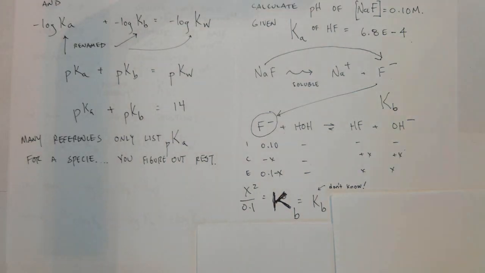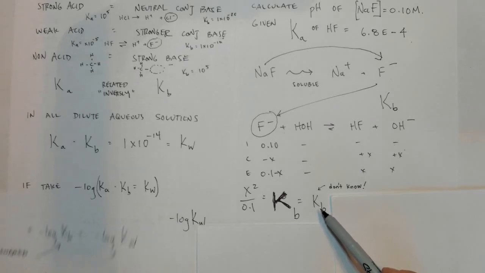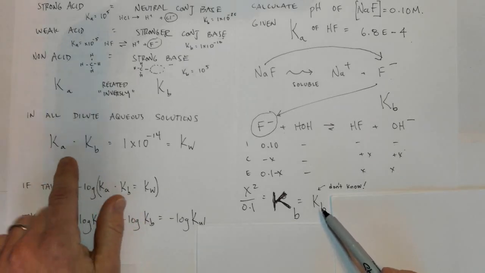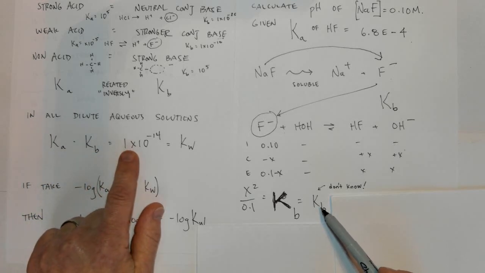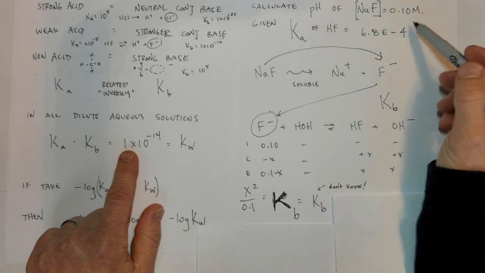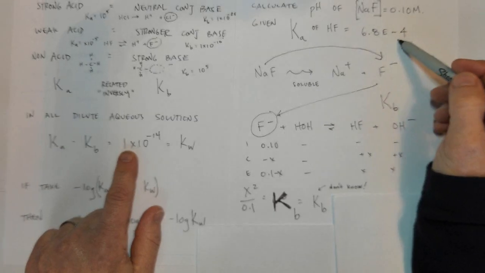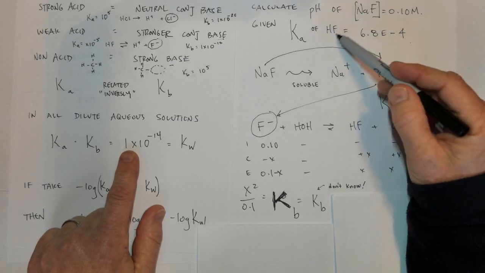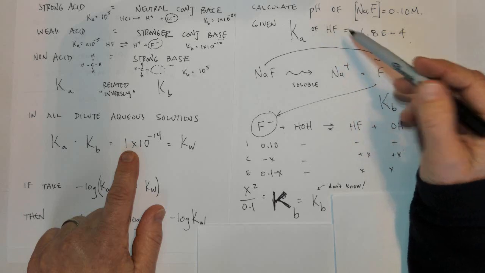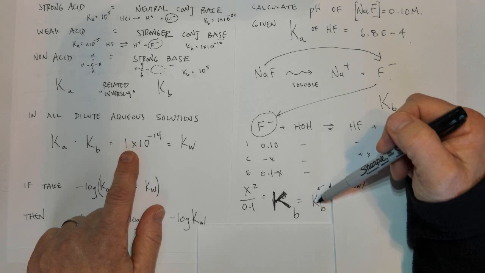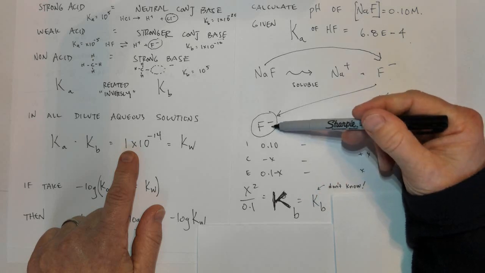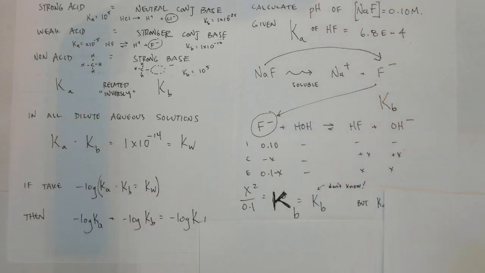So if you don't know the Kb, what can help you is an equation we learned right here. Ka times Kb is equal to 1 times 10 to the negative 14th. We're given the Ka for its conjugate acid HF right here, and so we know that this times the Kb for F- would be equal to 1 times 10 to the negative 14th.